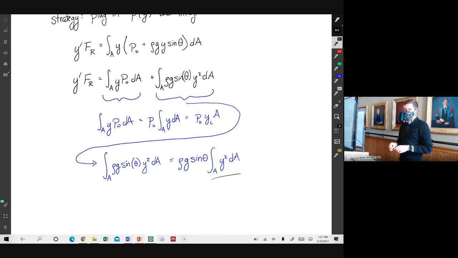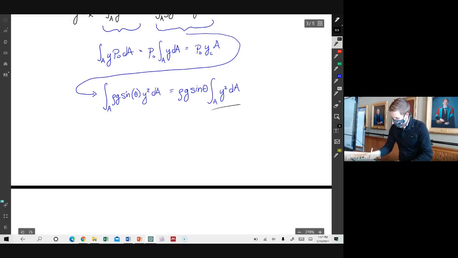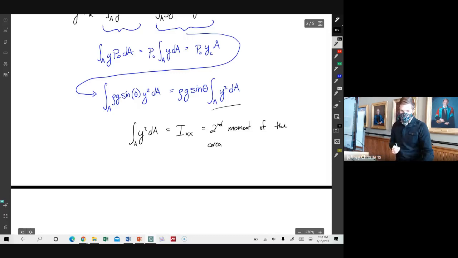So this one, the integral of y squared dA, equals, we call it IXX, which is the second moment of the area about the x-axis.